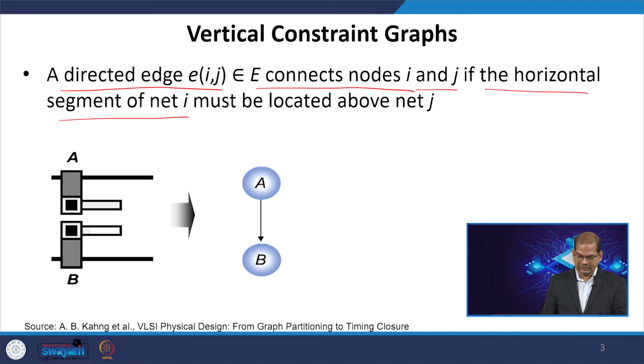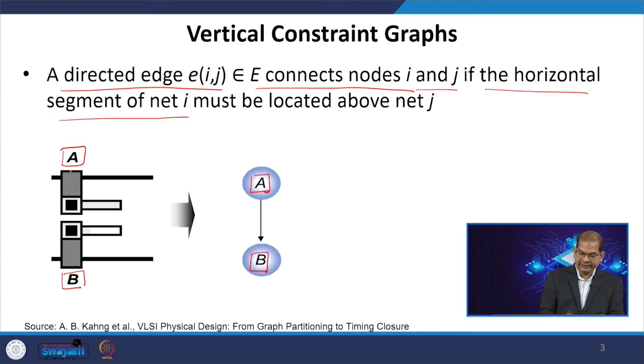For example, if you can see here, you have a net A on the top side and net B on the bottom side. So, there is an edge from node A to node B in the vertical constraint graph.